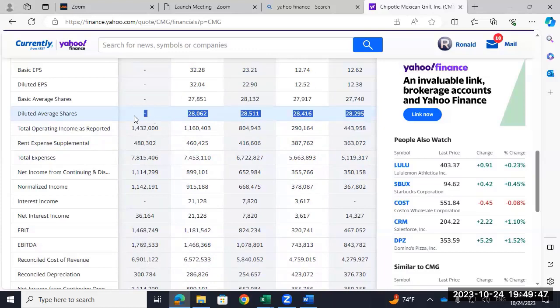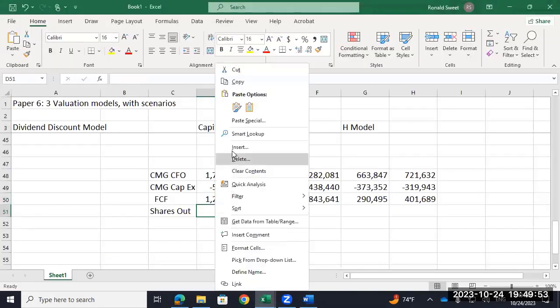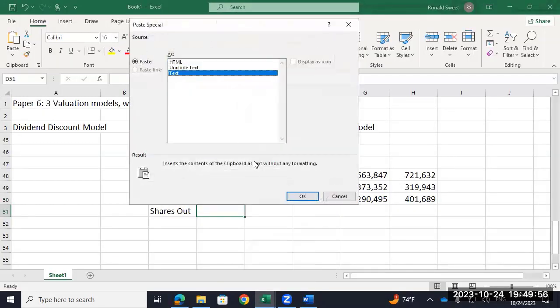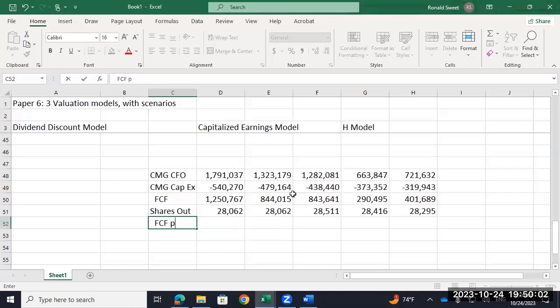They don't have them, so we'll copy it over for the current month and current year. And that gives you free cash flow per share.